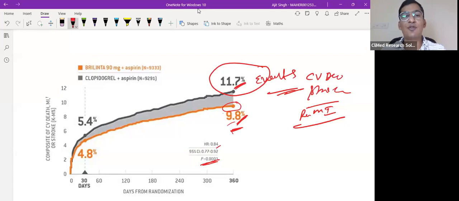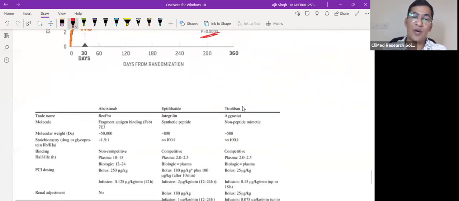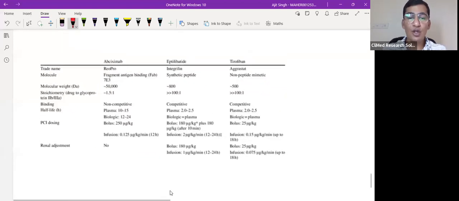It is quite costly, of course. Now the cost has come down, but still it is 30 or 35 rupees for one tablet, and clopidogrel is just 1 rupee per tablet. But the efficacy is better and long-term events are quite fewer in patients than with clopidogrel. That's why Brilinta is quite better than clopidogrel.